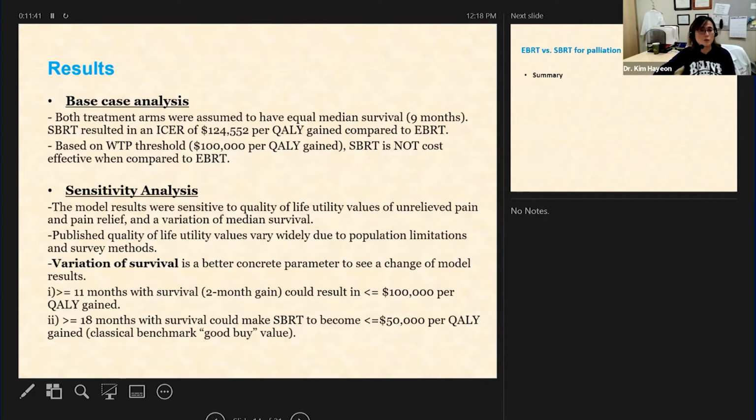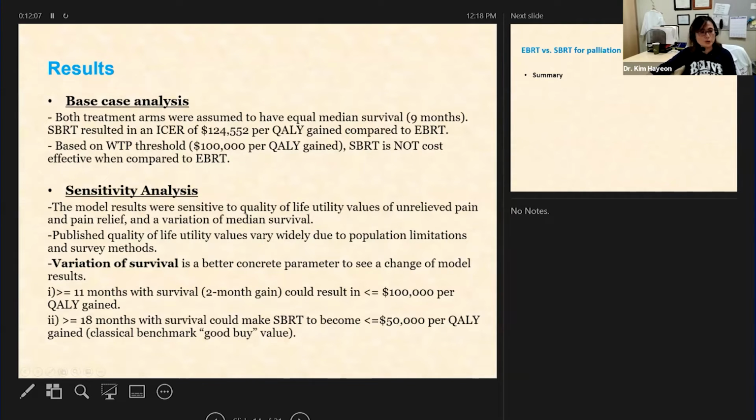We also put in the median survival, which was the same between both treatment arms. However, sensitivity analysis showed model results were very sensitive to quality of life utility values and median survival. Quality of life utility values are all over the place whenever you pull them from any publication.